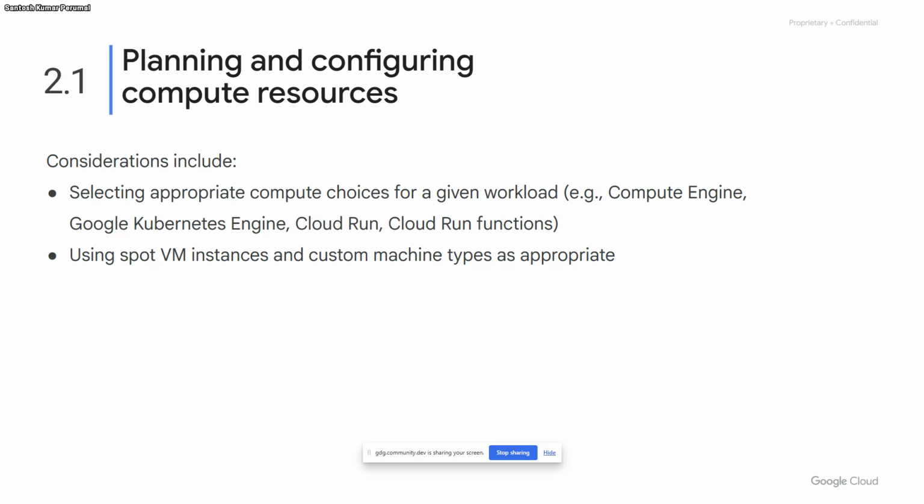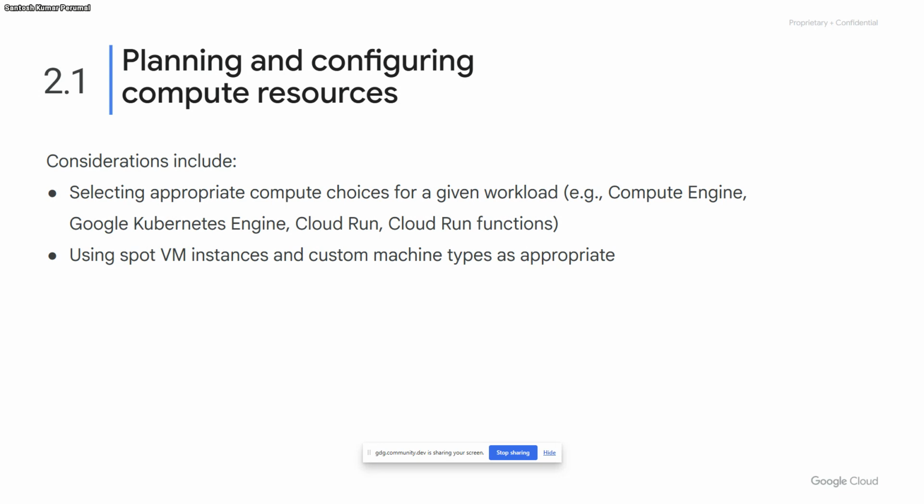Even before implementation, you need to do the design analysis, and then you need to fit the right compute option. And there is also something called spot VMs, which are like preemptible VMs. If you have a workload which has to be scheduled at a particular time, and you don't want your server running all the time, you can use a spot VM for a given particular time, which helps you reduce your cost.